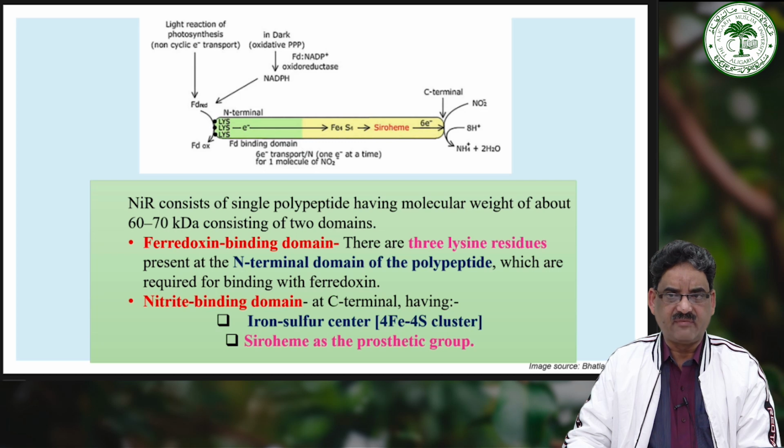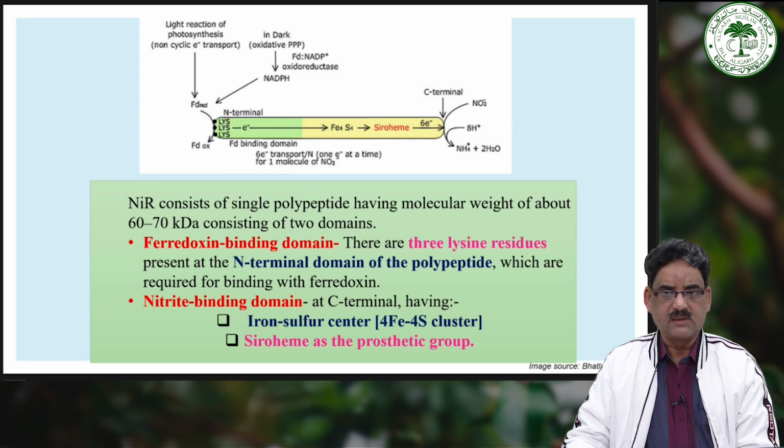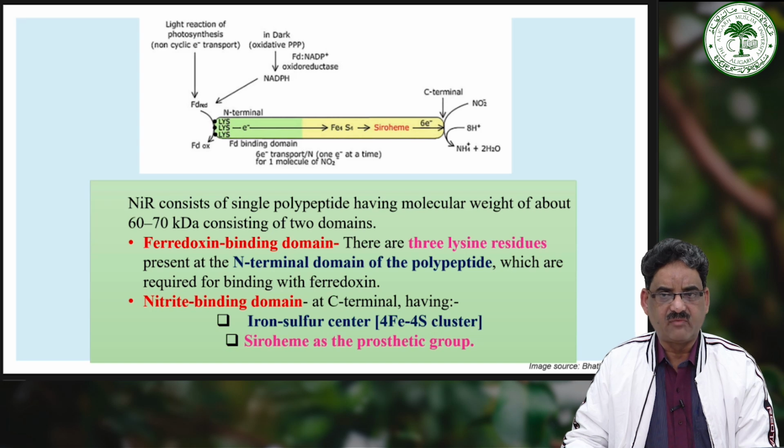As illustrated in the figure, NIR is composed of a single polypeptide with a molecular weight ranging from approximately 60 to 70 kilodaltons. It comprises two distinct domains: the ferredoxin binding domain located at the N-terminal region and another domain situated at the C-terminal end. The N-terminal domain harbors 3 lysine residues critical for ferredoxin binding.